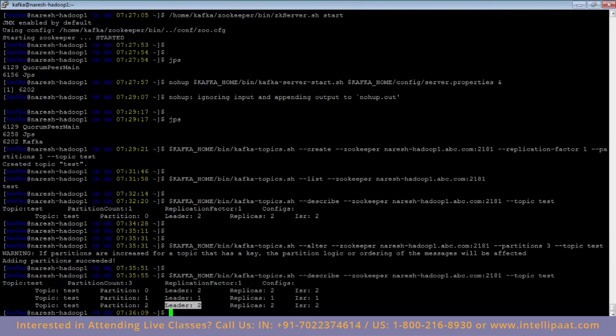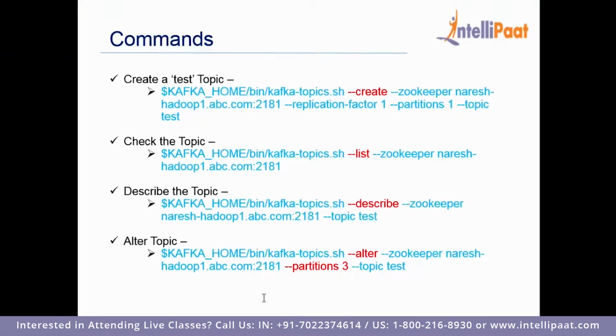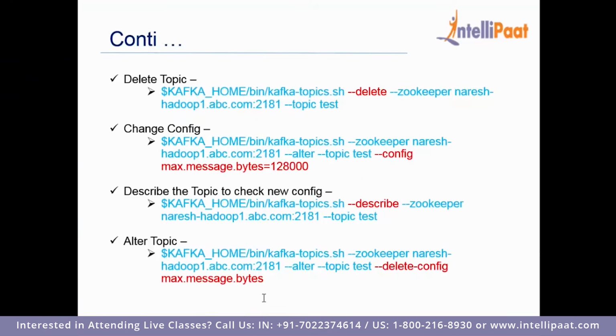Similar is the case with replicas. If we have multiple replicas, then these will be mentioned here in comma separated form. Like if you are having the replica on first and second, then 1,2 will be here. Okay. If you want to delete a topic, you can simply use --delete.